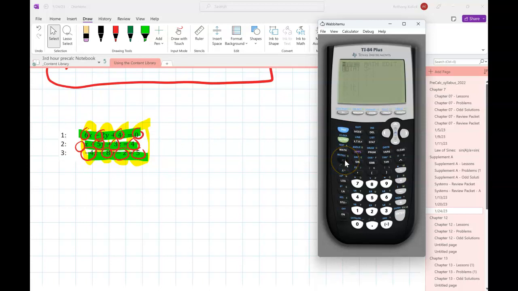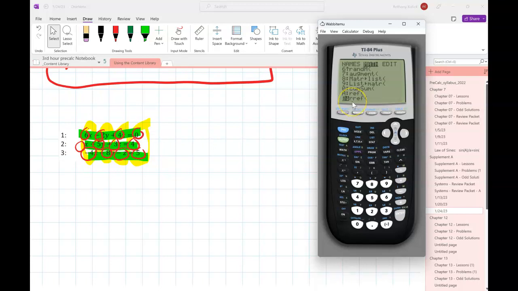I'm going to press second, and then the matrix option. And this time I'm going to move over to the Math tab. So you see at the top where it says Math. I'm just going to use my right arrow to go over to the Math tab. And I'm going to scroll down to find the command RREF. That looks like it's Command B on my calculator.